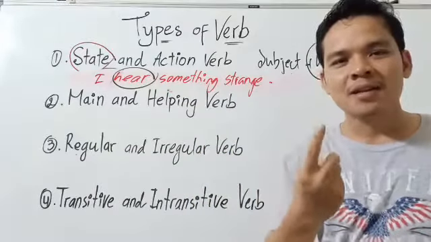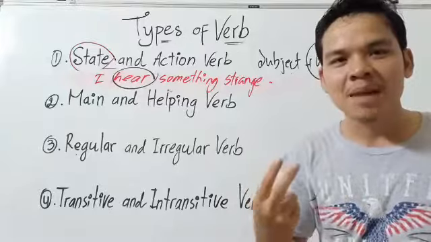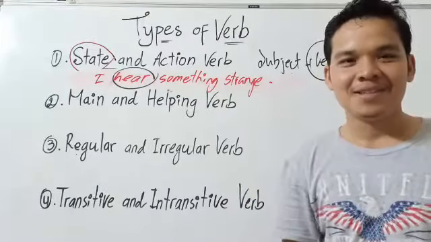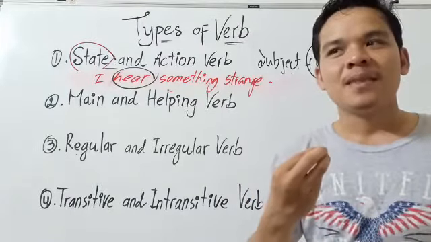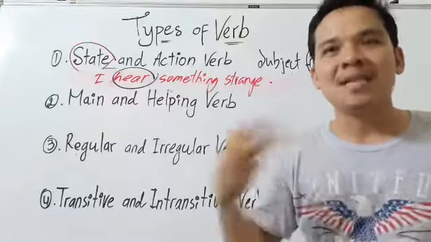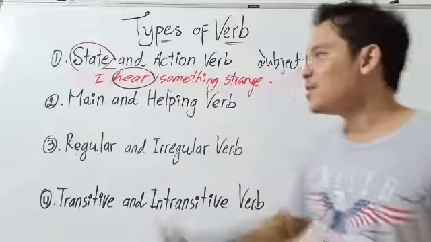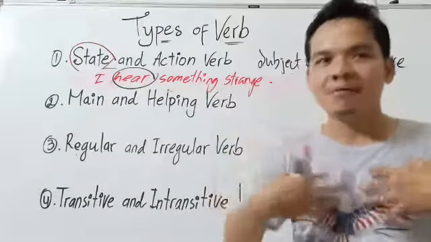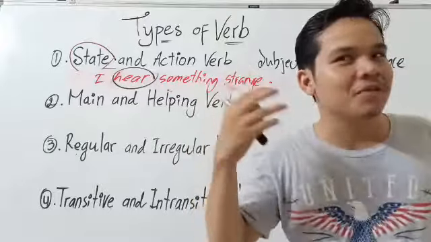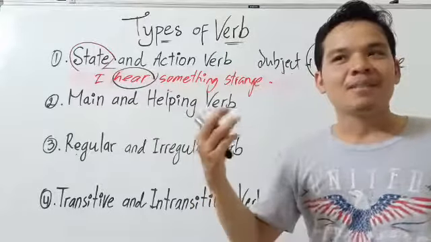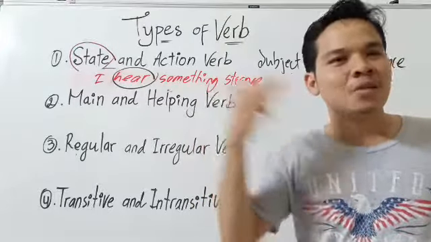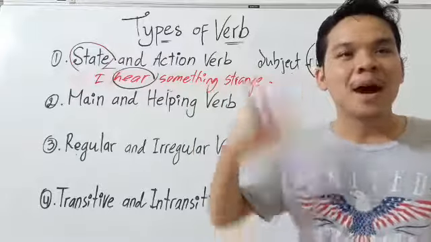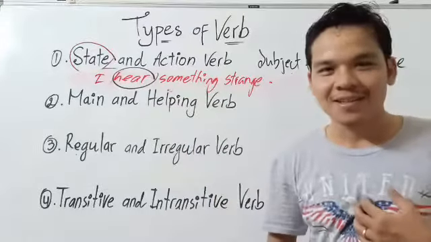So here it is a state verb, a type of verb that talks about my sound, my feeling, like that. So hearing, you and me, we cannot see the action of hearing. We cannot see the action of hearing. I hear something strange. You got it?